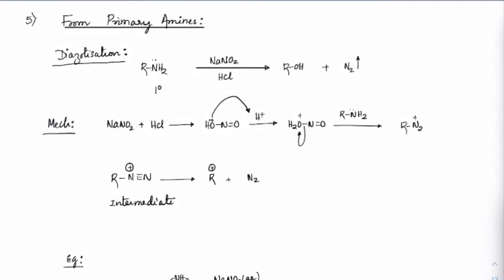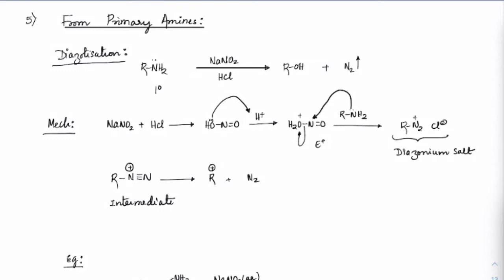So that's when the primary amine will attack on nitrogen, as this behaves like an electrophile, and you will get RN2 plus and Cl minus, and this is what we call the diazonium salt. We have seen this mechanism before also, just take it as a short mechanism. So we get this as the diazonium salt formation.